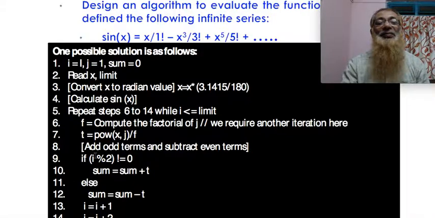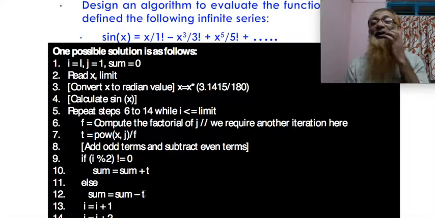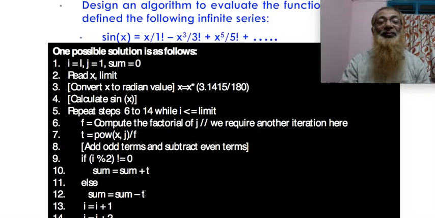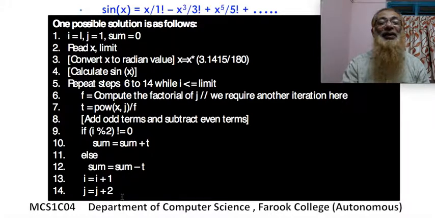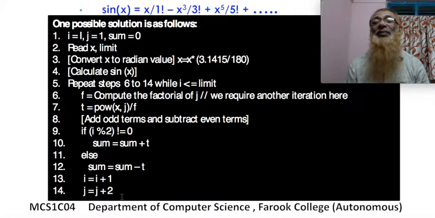See here, value of I, we check whether it is odd or even. If it is even, term will be added to sum. Otherwise, term is deducted. Hence, we keep changing the sign alternately for each term. Increment j by 2, increment I by 1, then we repeat this exercise.